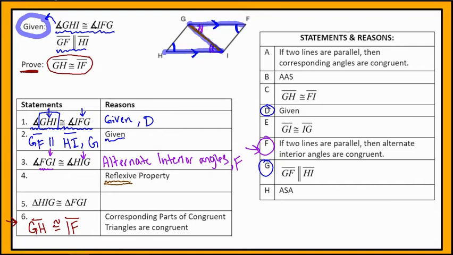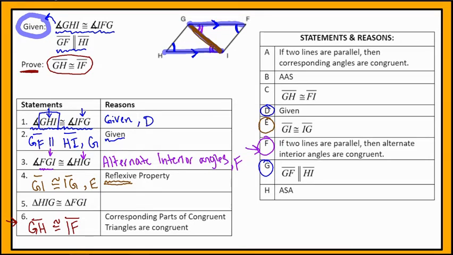So between these two triangles, they share the side, they overlap at side GI. So I'm thinking something like GI is congruent to IG. Okay, which I can see as option E in my answer bank.